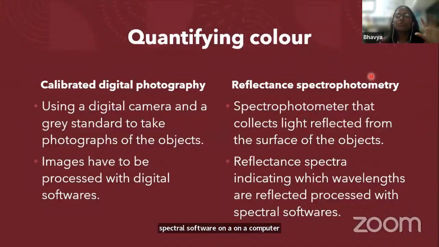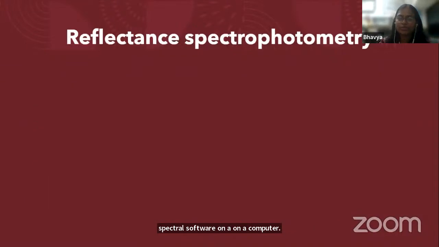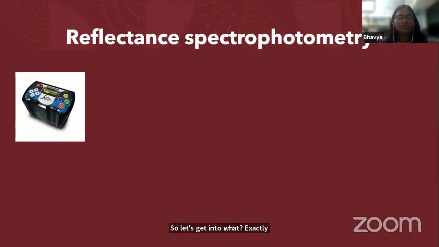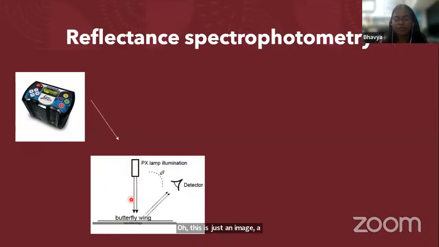So let's get into what exactly a reflectance spectrophotometer is, very briefly. This is the reflectance spectrophotometer that we use in our lab. This is a representative image of it, which we use to take measurements of our butterfly wings. Over here we have the light coming out of the spectrophotometer, and it falls onto your butterfly wing, and whatever light is reflected from the wing is collected by a detector, again by the spectrophotometer.